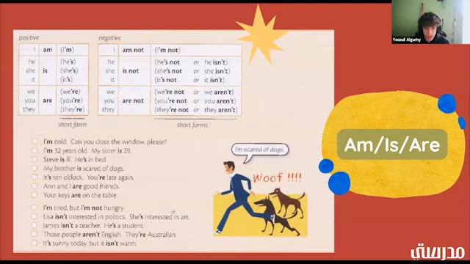Like which part of the sentence is positive and which part is negative? Do you guys know? Isn't is negative. Good. And she's is positive. So the first part is negative, and the second part is positive.